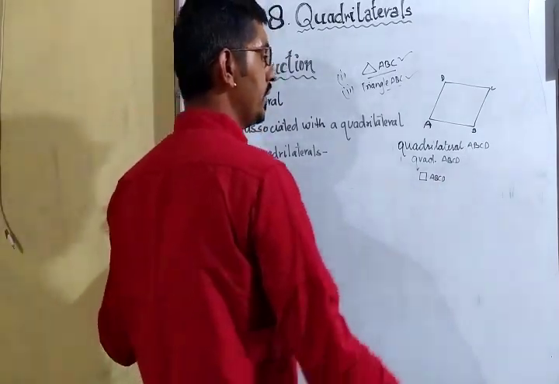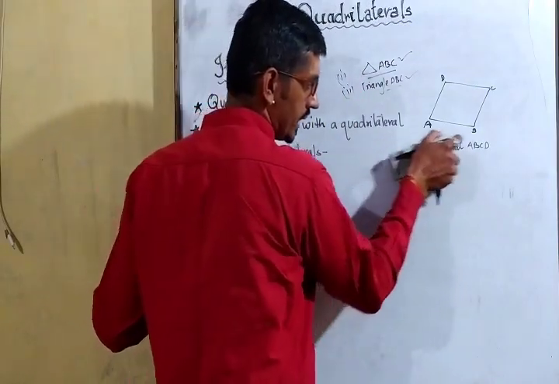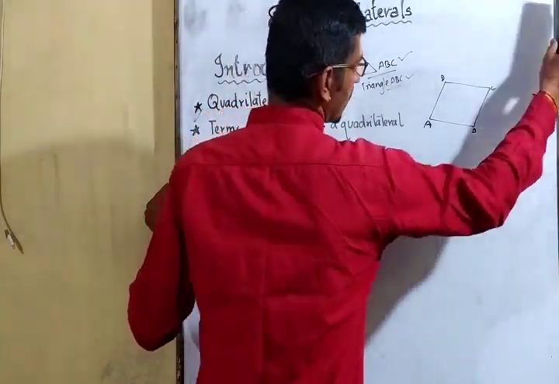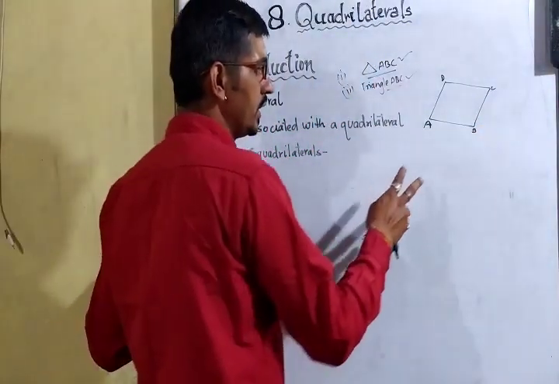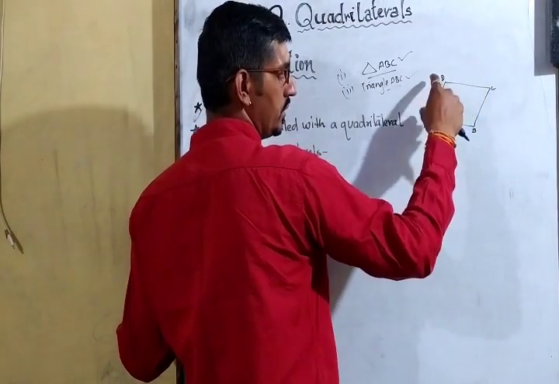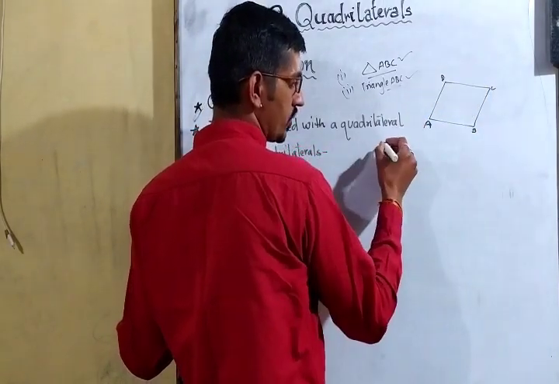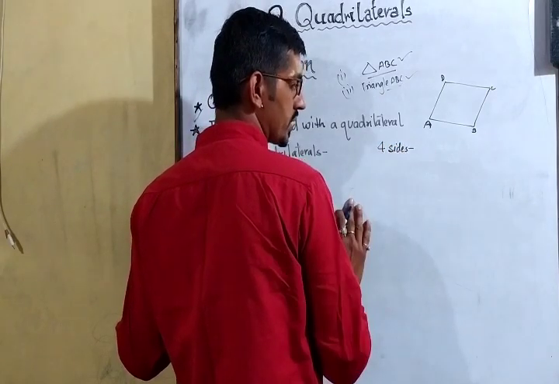Okay. Now the first thing is done: what is a quadrilateral, how to write a quadrilateral. Now second, कौन कौन सी टर्म इसके साथ और जुड़ी हुई हैं. Here it is a four-sided figure, 1 2 3 4. Quadrilateral में कितनी sides होती हैं? Four sides.